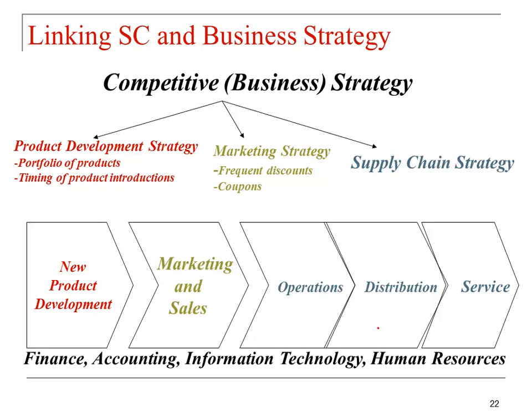Maybe use some coupons, discounts, or maybe provide a good that is different from other competitors. And finally, a supply chain strategy, which is what we're trying to discuss in this lecture. This will involve finance, accounting, information technology, human resources, and so on, going from new product development to marketing, operations, distribution, and service.